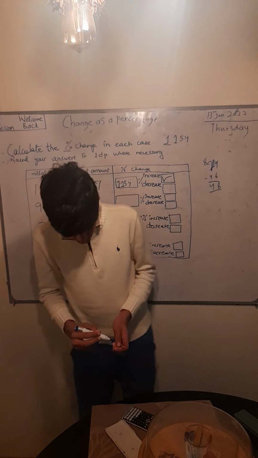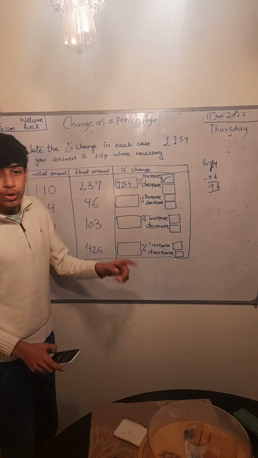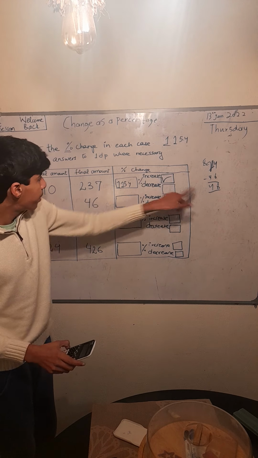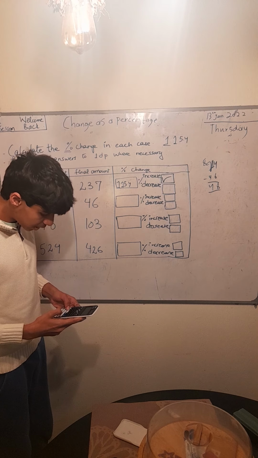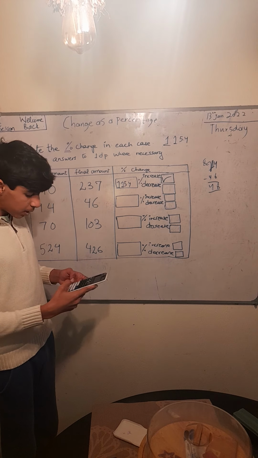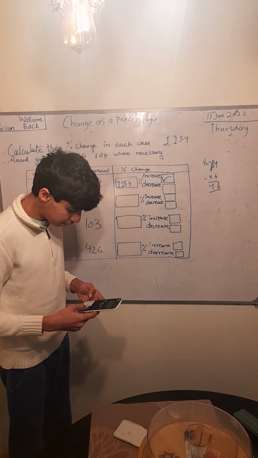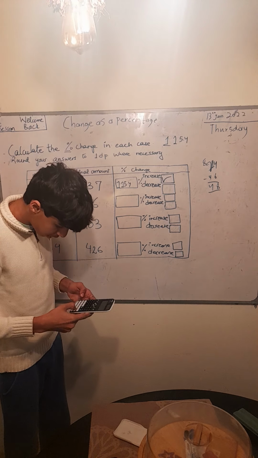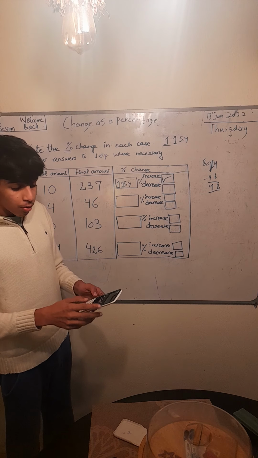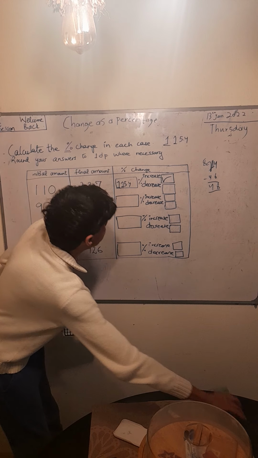After subtracting we get 48. Now we will divide it by the initial amount to see what we get. 48 divided by 94. We get 0.5106. Let me write it here.